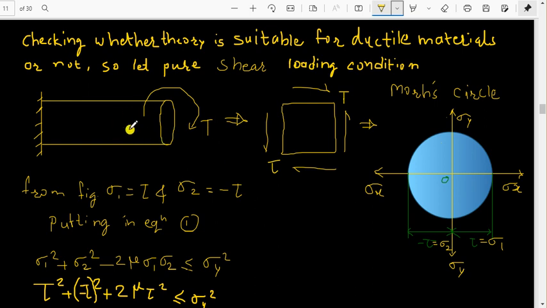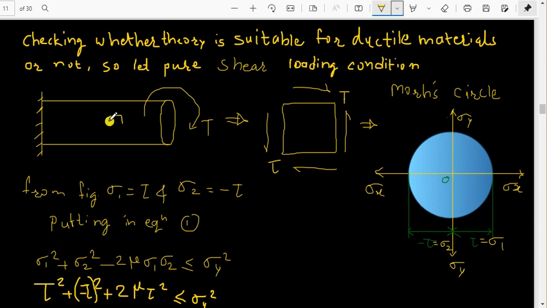Here you can see this ductile material or machine component is under the torsion T. If I consider the smallest point in this and draw it here, it will look like this, which is in pure shear. So by drawing Mohr's circle for this condition, we will get the values for sigma 1 and sigma 2, that is sigma 1 equal to tau and sigma 2 equal to minus tau.